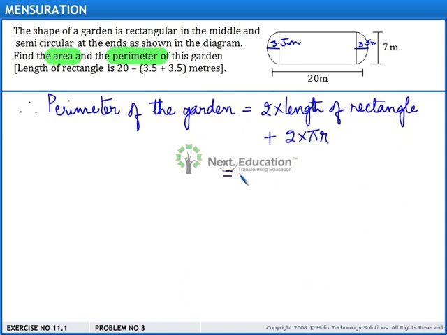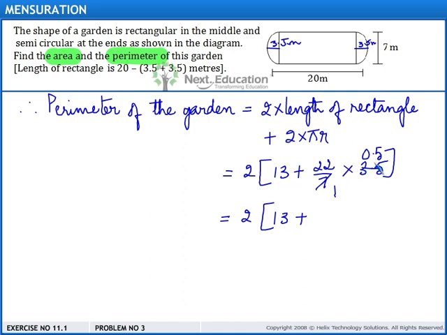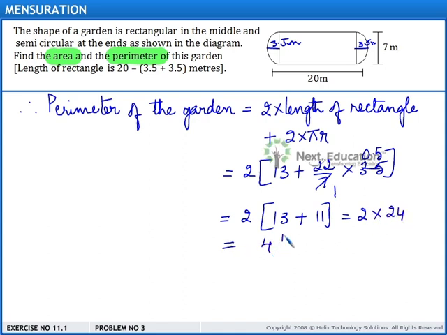Now here when we substitute the values of the length of the rectangle and the radius of the semicircle, we get 2 times, taking common, 13 plus pi r, that is 22 upon 7 multiplied by 3.5. Now here on cancellation with 7 we get 0.5. Now 2 multiplied by 13 plus 22 multiplied by 0.5 gives you 11. Now 2 into 24. So we get here 48 meters. Now this is the perimeter of the garden.